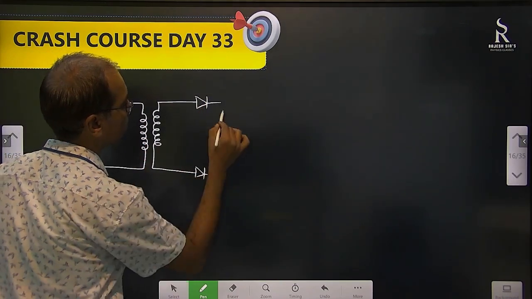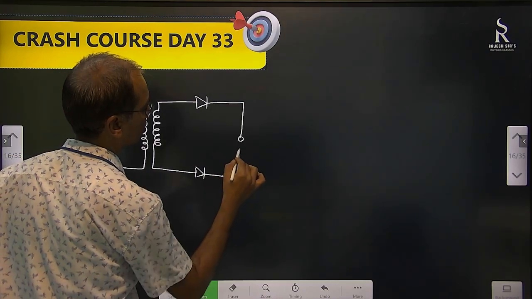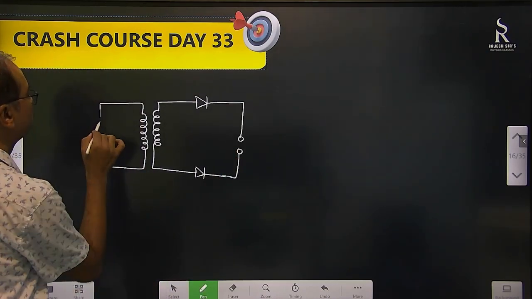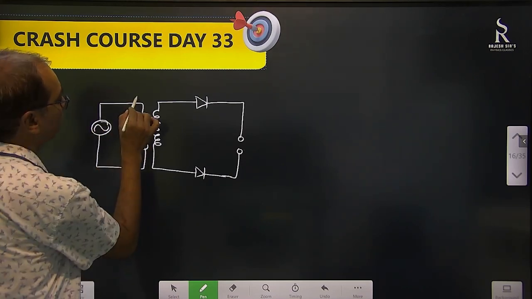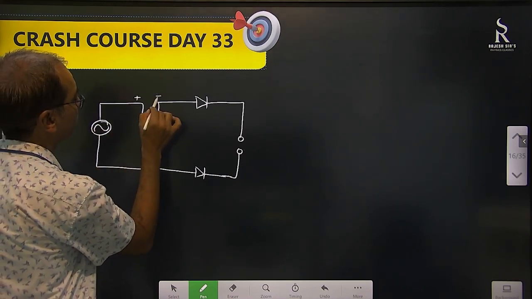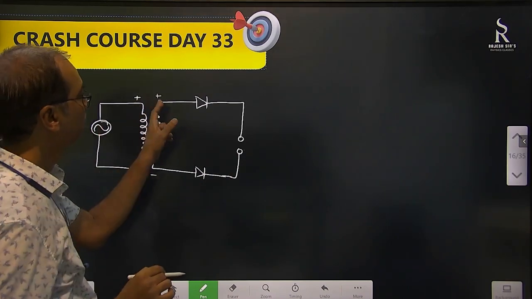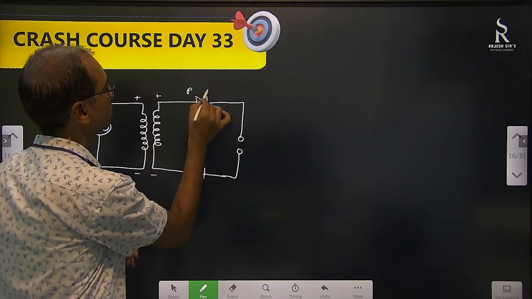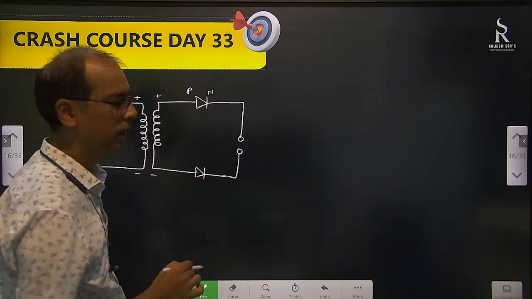That's all. And here is the input. In the first half cycle, this is positive and this is negative. This is a PN junction, so this will conduct the current. We'll get it here.